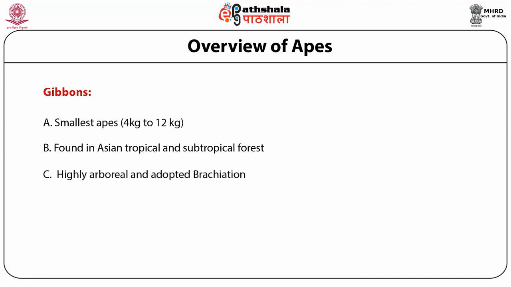They are highly arboreal and have adopted a brachiation mode of locomotion. Their arms are long and have extremely elongated fingers with a shortened thumb and a suspensory shoulder, specially designed for tree-top life. They are frugivorous and eat a variety of fruit.